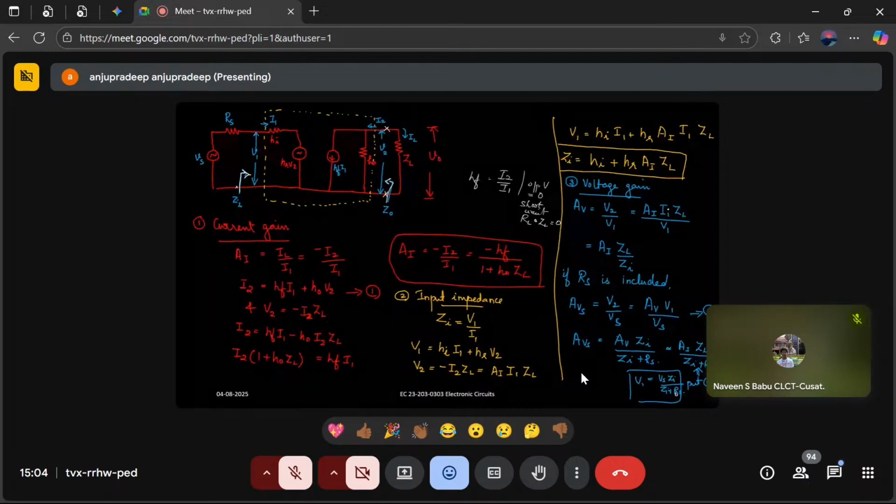But V1 by I1, you have already derived it as ZI. So you can write this as AI into ZL divided by ZI. So the voltage gain depends on the current gain, then the output impedance and input impedance.